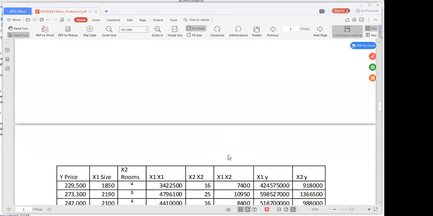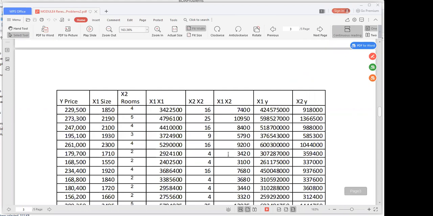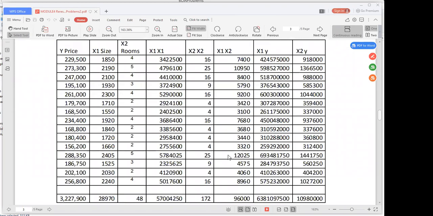Now to do that, we have the given price, size and rooms. I'm taking size as x1 and rooms as x2. We need to know x1 into x1, x2 into x2, because to find the values of b1 we use the small variables x1 and x2, which are actually the deviations.